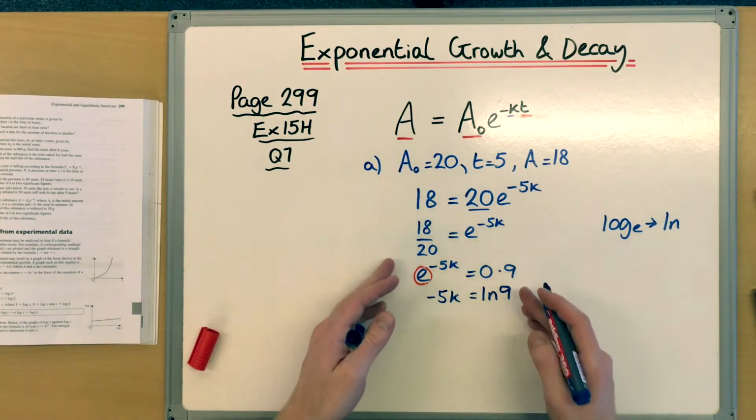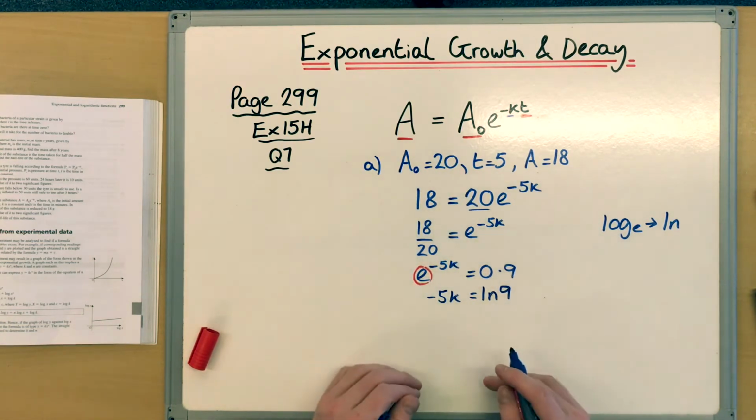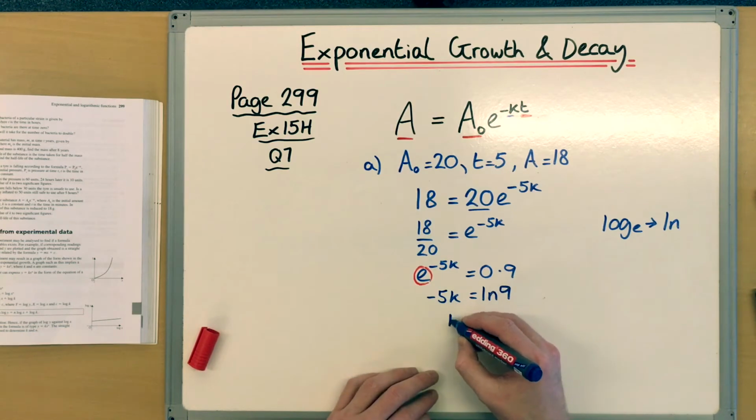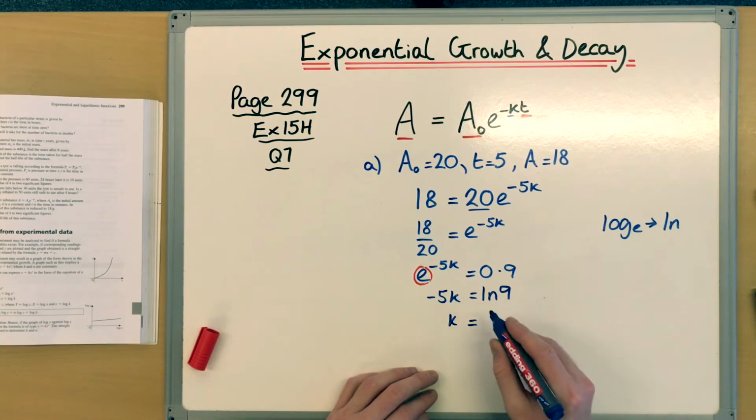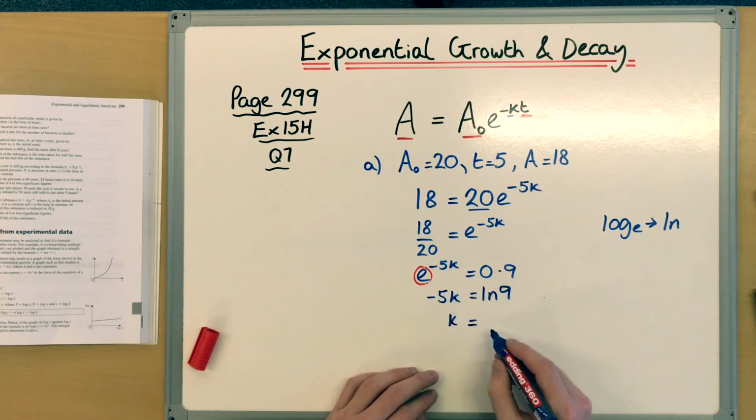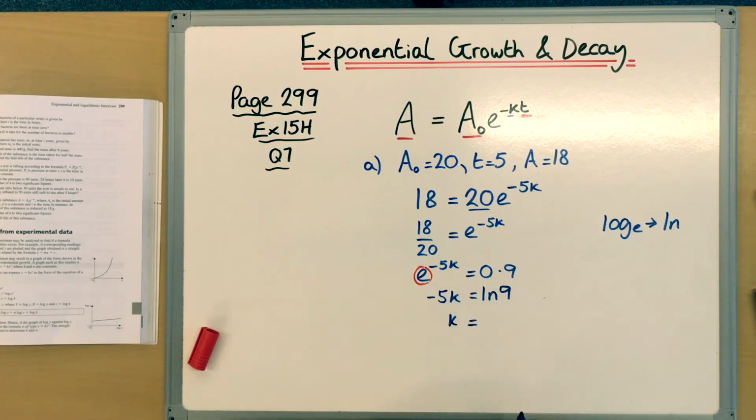So at this stage, from this point on, we are just solving an equation, number crunching. My final two steps are to find out what ln of 9 is as a decimal, and then I'm going to take the -5 across and divide it. I'm going to grab a calculator and get my answer.